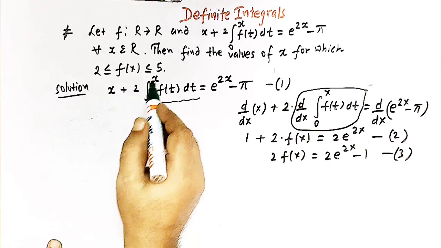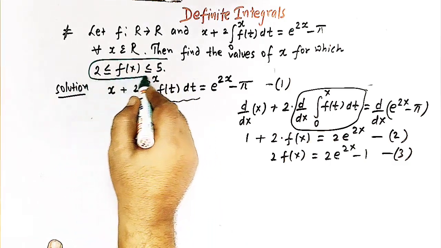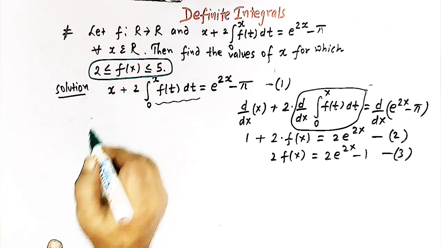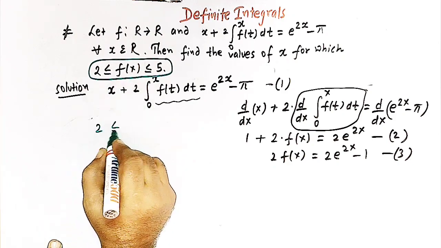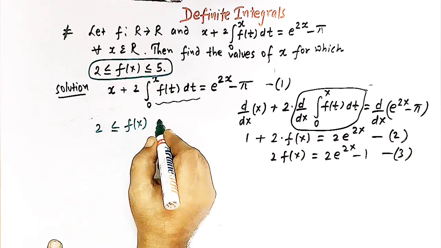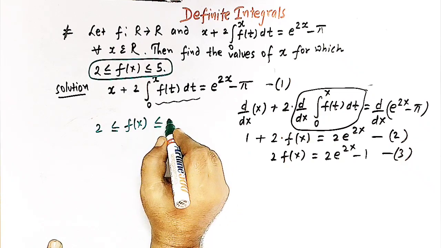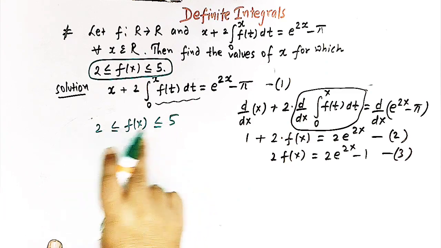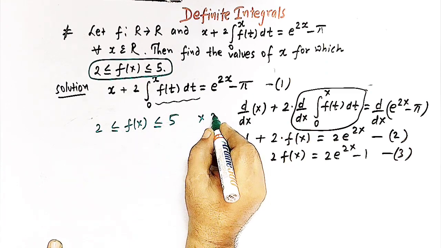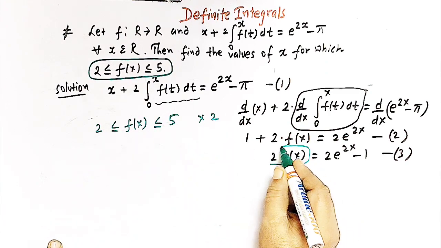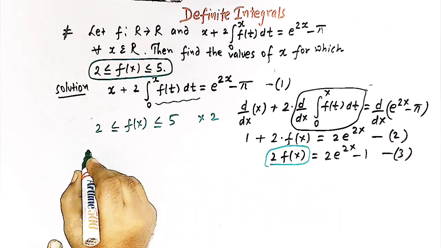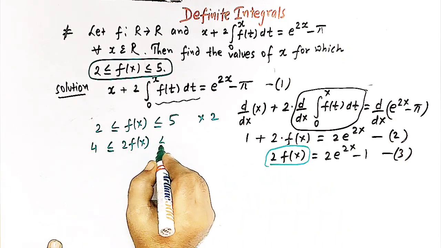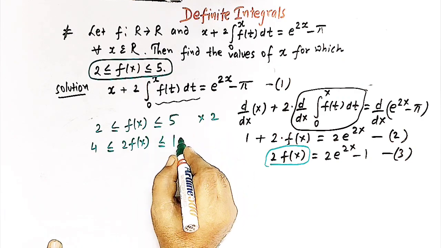So now here we are given this inequality, that is f of x satisfies this inequality. So here we have 2 less than or equal to f of x, and this is further less than or equal to 5. Now let us multiply this inequality throughout by 2, because here we have 2 times f of x. So here we have 4, and here we have 2 times f of x, and 2 times 5 is 10.